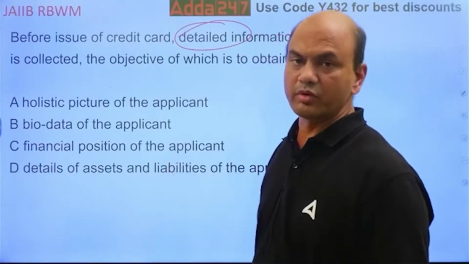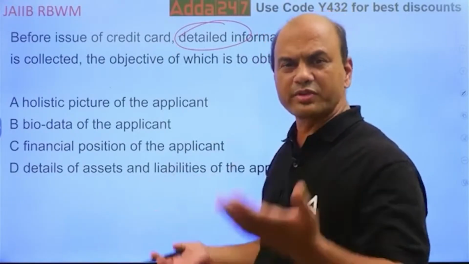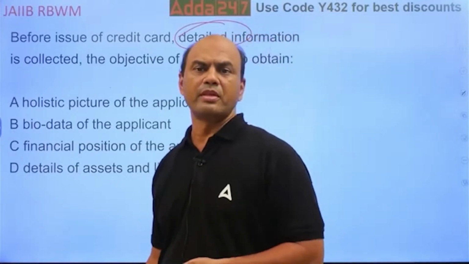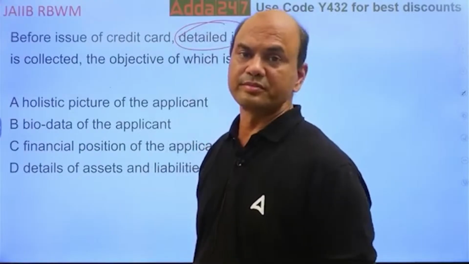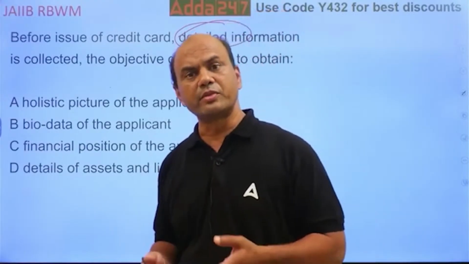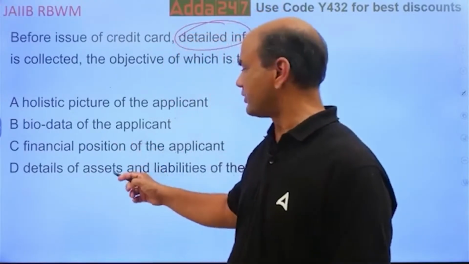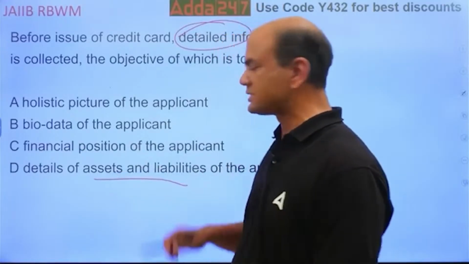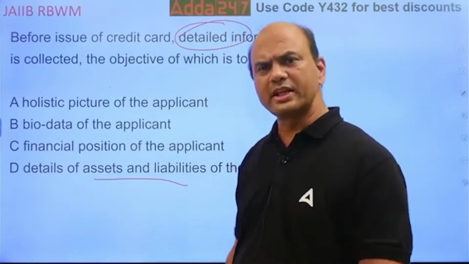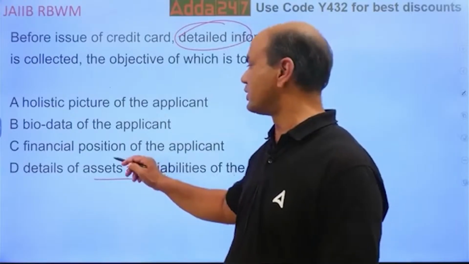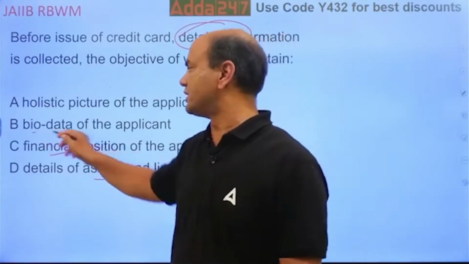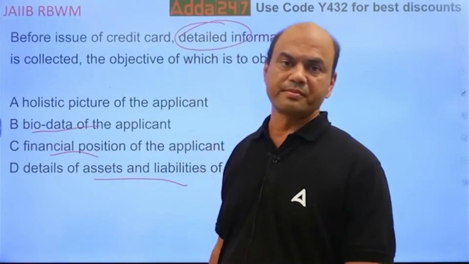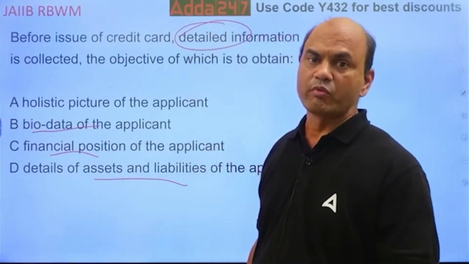Why do we get this form filled up from the customer? What do we actually want from the form? Do we want to know the assets? Are we interested in knowing only assets and liabilities? Are we interested in knowing the financial position? The biodata? What are we interested in?